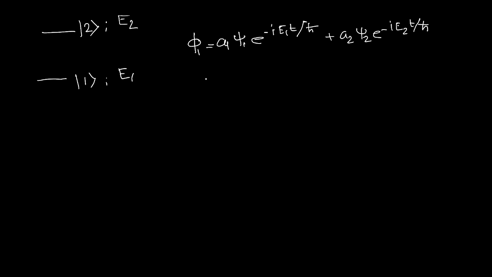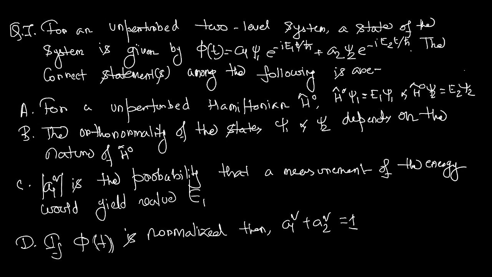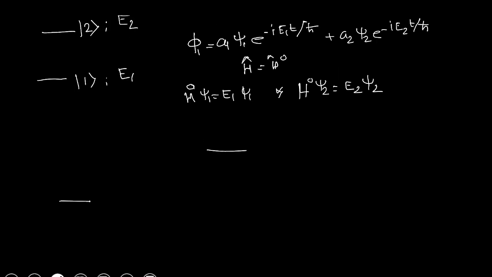Without any perturbation, if the light is extinguished, then there is no perturbation, and the Hamiltonian can be written as H0. H0 psi 1 will result in E1 psi 1 and H0 psi 2 is E2 psi 2. So in the unperturbed condition, the first option is correct.